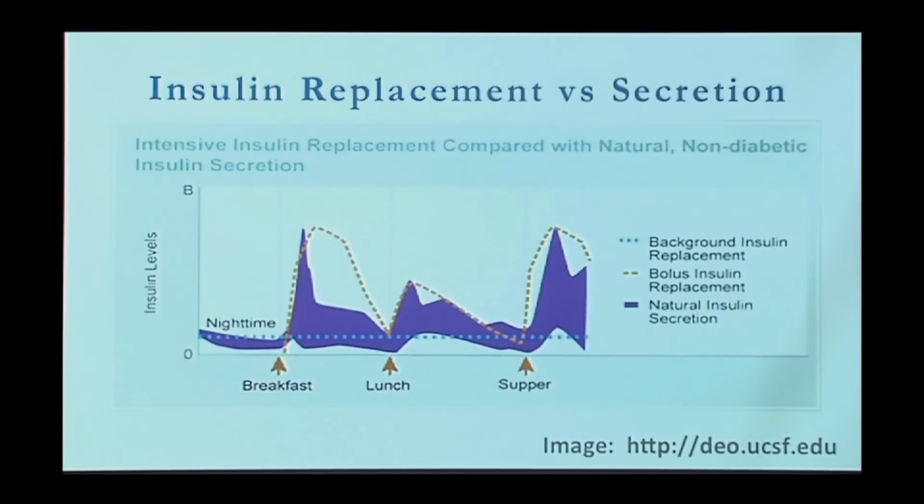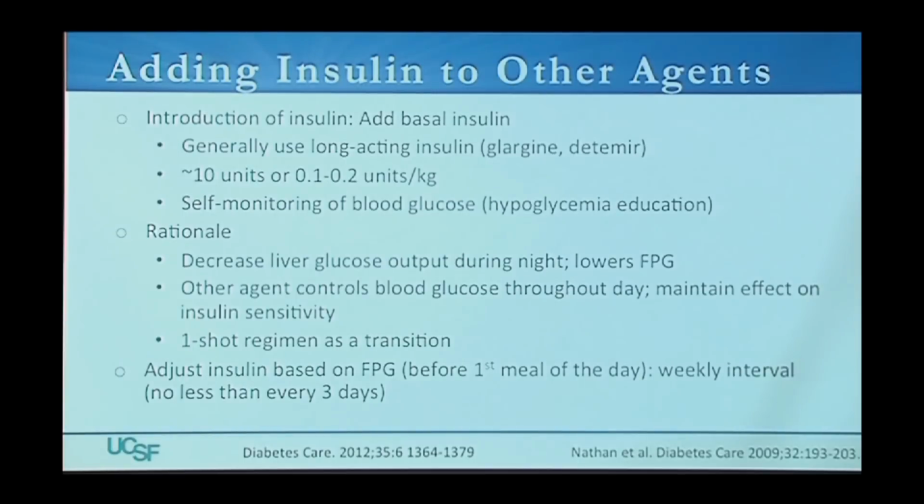So our initial step, if we're looking at type 2 diabetes, would be to first replace this background insulin, which is this blue dotted line here. And then we may move on to mealtime insulin replacement. As we consider insulin for type 2 diabetes, the way we transition to insulin is generally starting a long-acting insulin, like insulin glargine or insulin detemir.